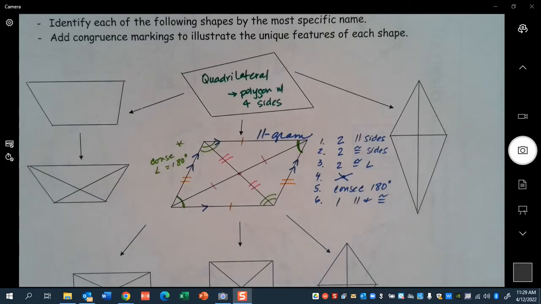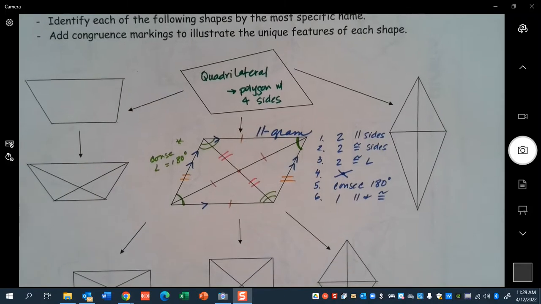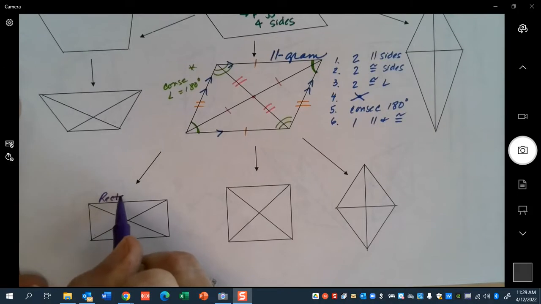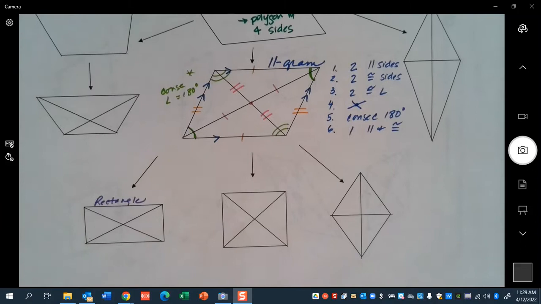All right, so when I have my parallelograms, my next step is to go ahead and talk about my special kind of parallelograms. And my first one I'm going to talk about is my rectangle. Now, what's interesting is I don't need to rewrite a single one of these things because I know that my rectangles, my squares, and my rhombuses all embody all the parallelogram properties.